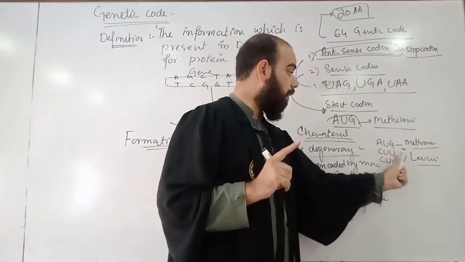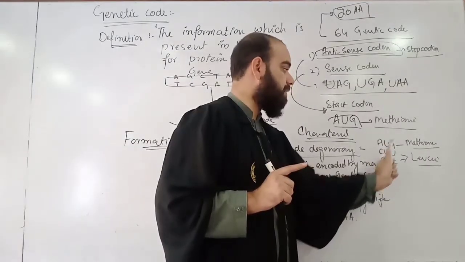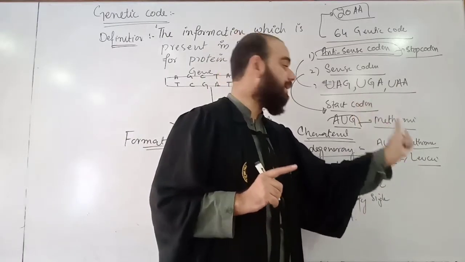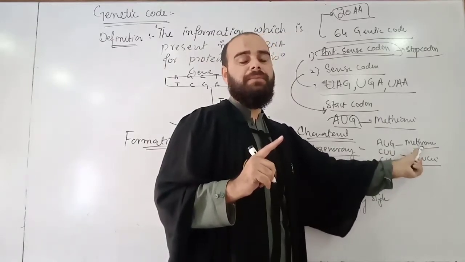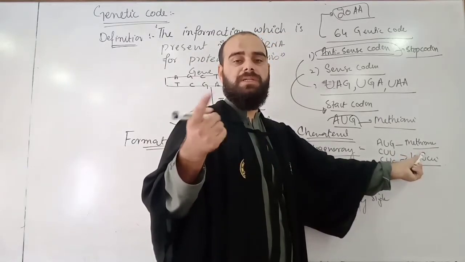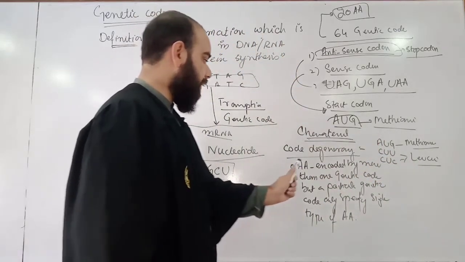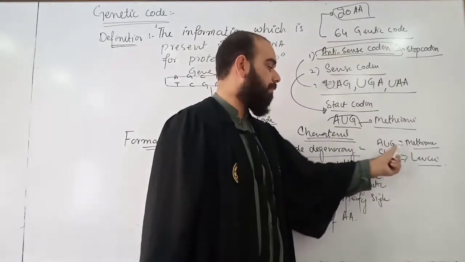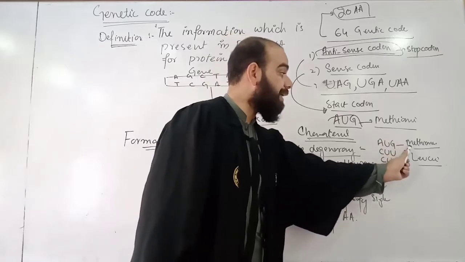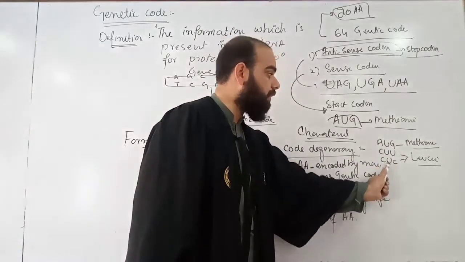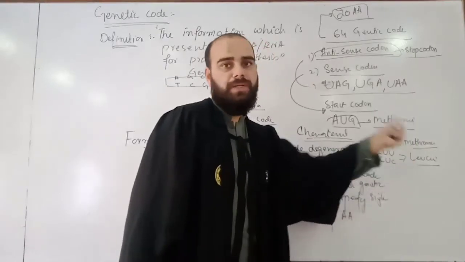This genetic code only specifies leucine. It will not specify any amino acid other than leucine, such as methionine, serine, valine, etc. So code degeneracy means an amino acid can be encoded by more than one genetic code, but one genetic code cannot encode more than one amino acid.